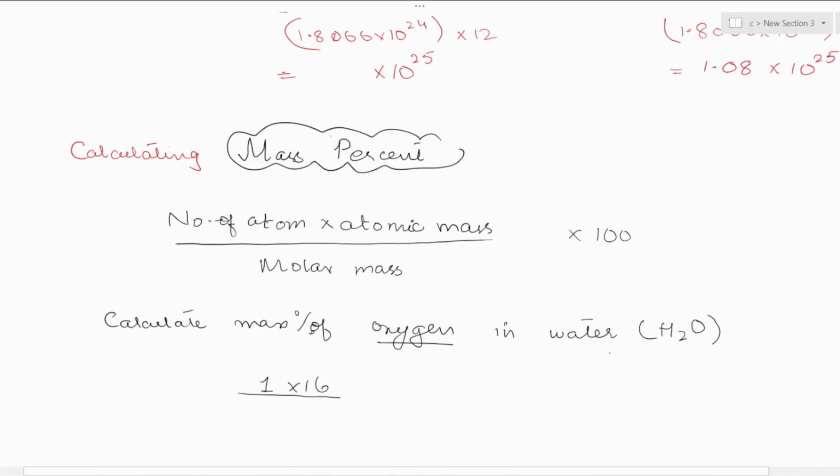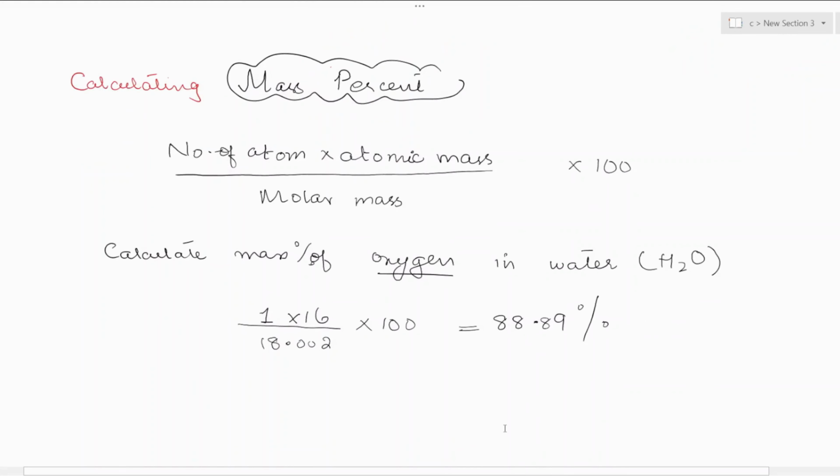What is the molar mass of water? Calculate. 18. 18, multiplied by 100. So what's the percentage of oxygen? Done. It is 88.89%. Round it off.